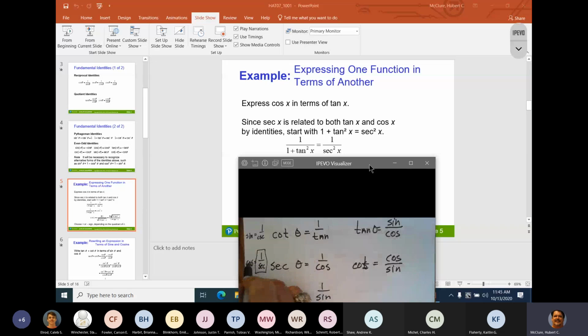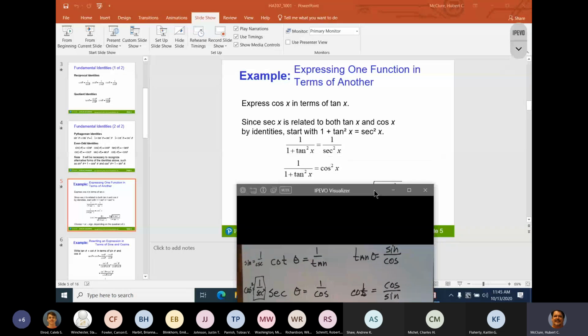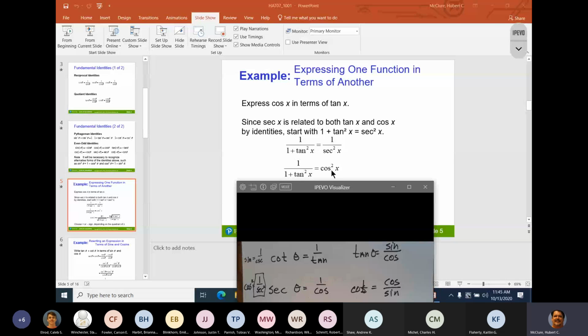Therefore, 1 over secant squared is equal to cosine squared. So I rewrote 1 over the secant as cosine. Now remember, it says rewrite cosine in terms of tangent. So that means I want to get cosine by itself.